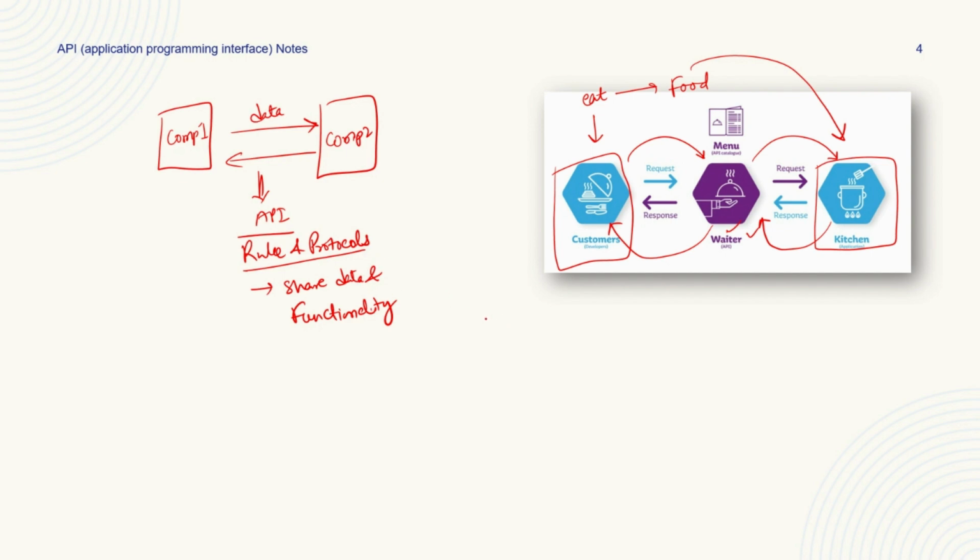Now again, APIs are of two types. Basically, we have the open API, which is also called an external API.